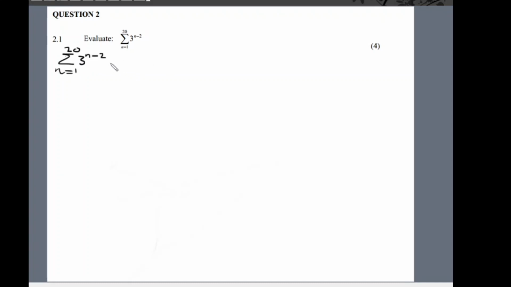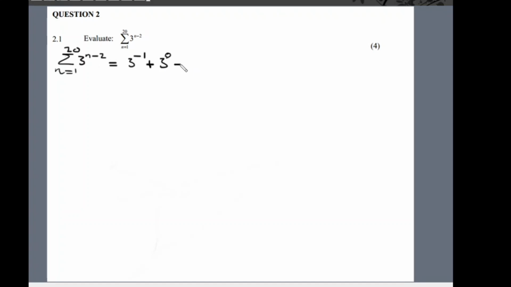Starting from n equals 1, we substitute 1 where we see n. This is 3 to the power 1 minus 2, which is 3 to the power minus 1, and then we are adding because sigma means we add. Plus, when n equals 2 we get 3 to the power 2 minus 2, which is 3 to the power 0.